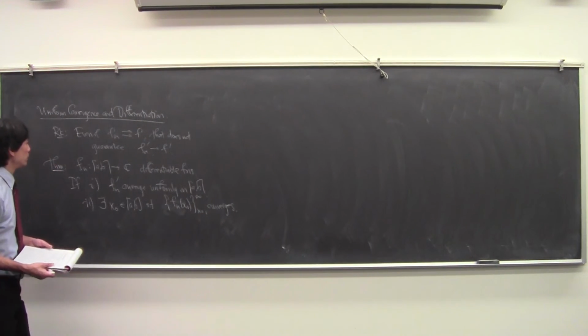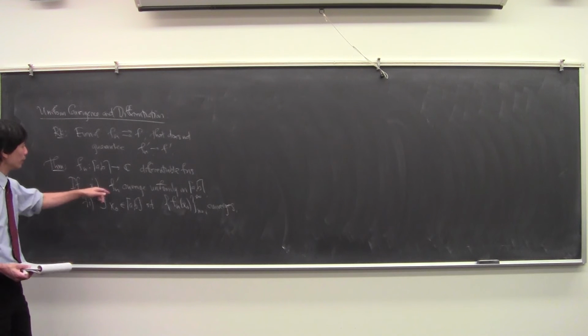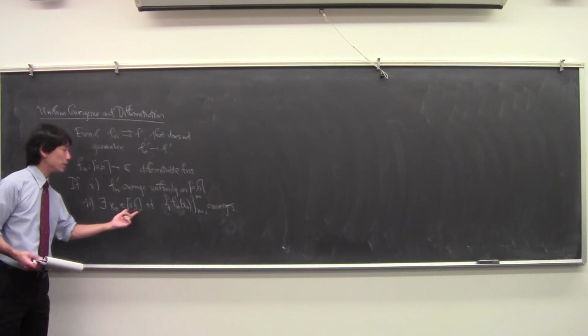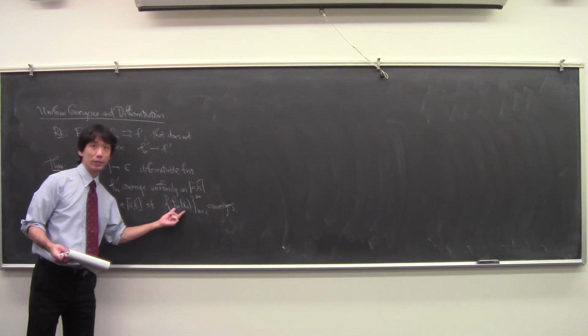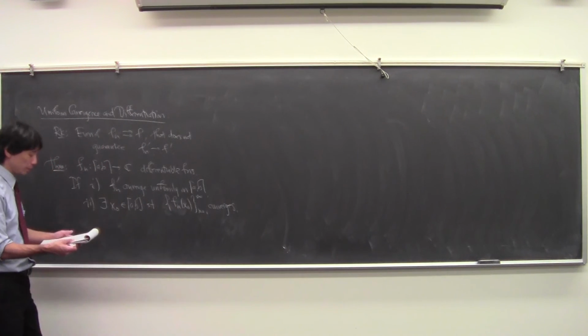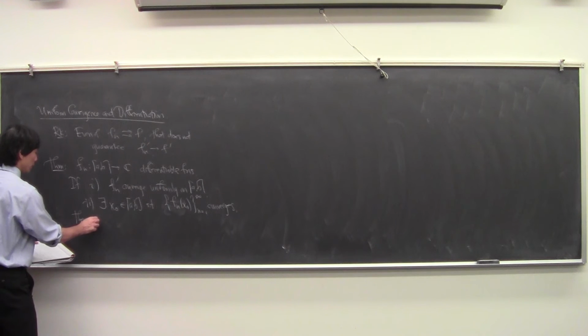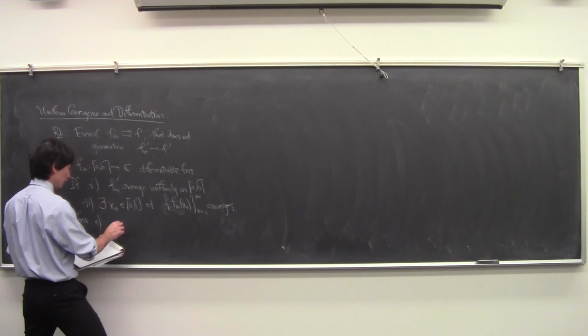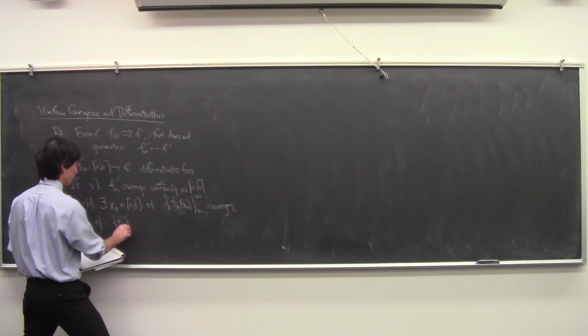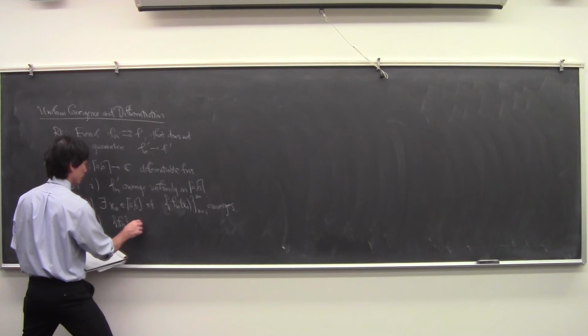Okay. So you have uniform convergence of the derivatives, and you have a single point where the original functions themselves converge. In that case, you in fact can conclude that the Fn do converge uniformly.